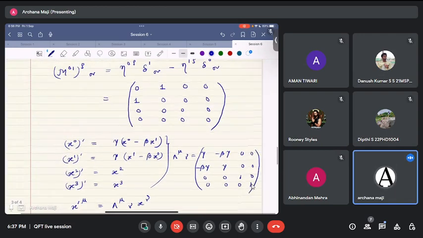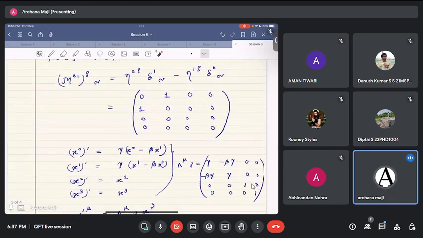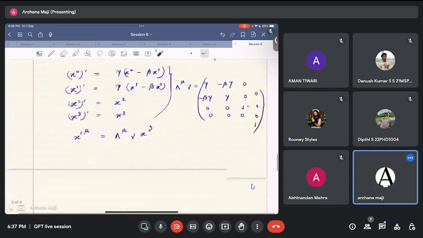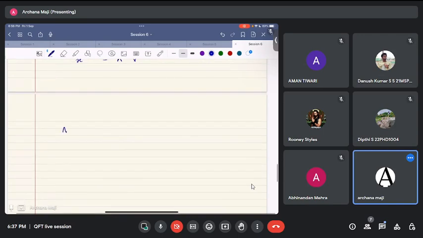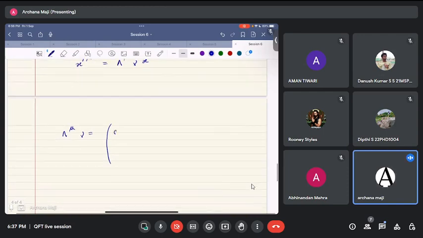Now we said that this matrix corresponds to the generator of infinitesimal Lorentz transformation, and the particular Lorentz transformation being a boost along x1 direction. So this lambda mu nu we can express as cosh xi, minus sinh xi, where xi is called rapidity, minus sinh xi, cosh xi.